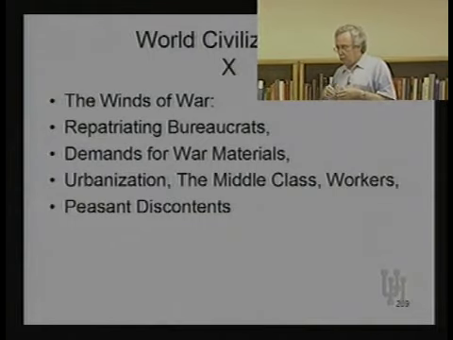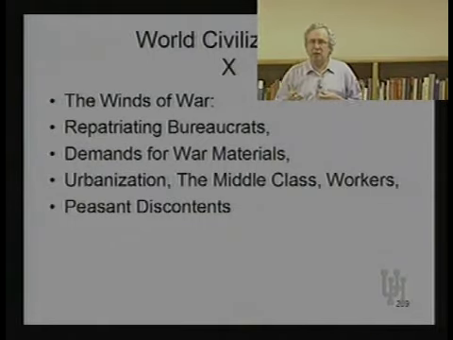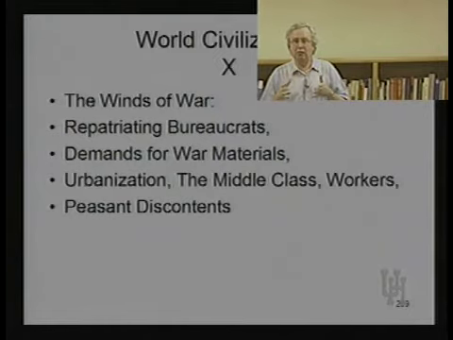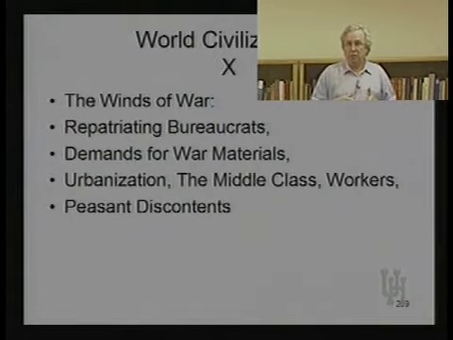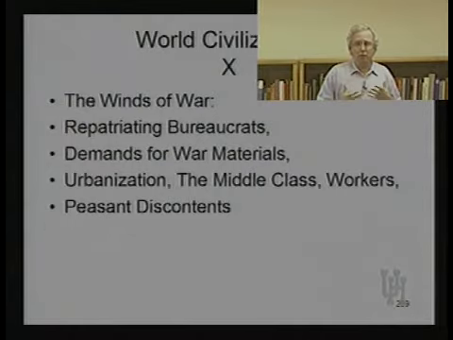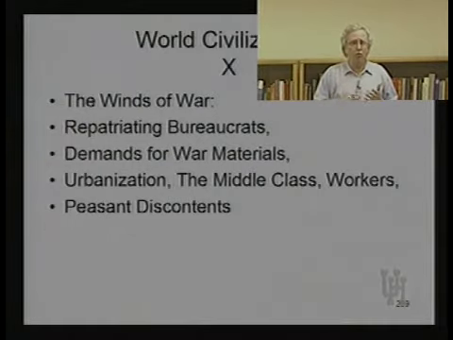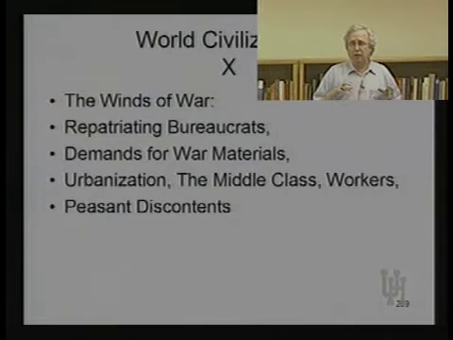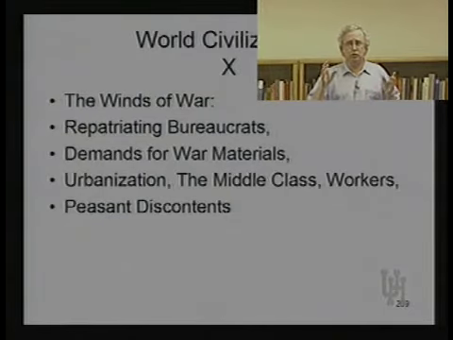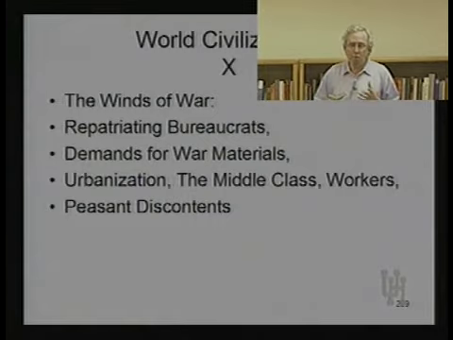Something else that happened was a rapid expansion in the economies of the African colonies because of the enormous demand for many of their products, such as rubber, copper, and other goods that were obviously needed for the industrial plants of Europe in order to manufacture the sinews of war.